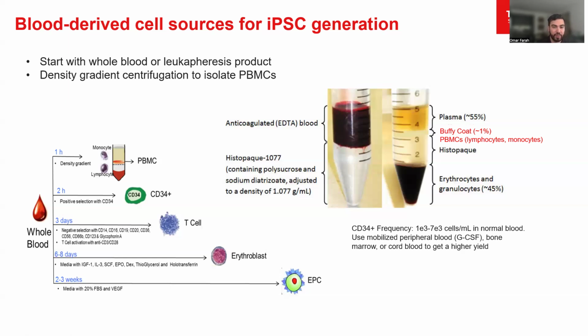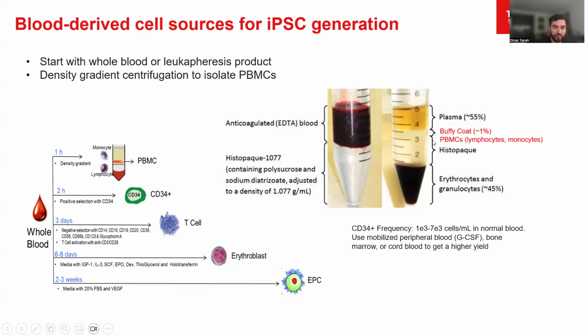And the way to basically get your PBMC population is you take your whole blood and you add it to a density gradient, in this case either Histopaque or Ficoll, and then you spin this down where you can actually see that the cells will separate based on their different densities. You're going to have the plasma on top. Then your buffy coat is going to actually have the PBMC population that you want. There's going to be your Ficoll, your Histopaque, and then towards the bottom, you're going to have your RBCs, or your red blood cells, as well.